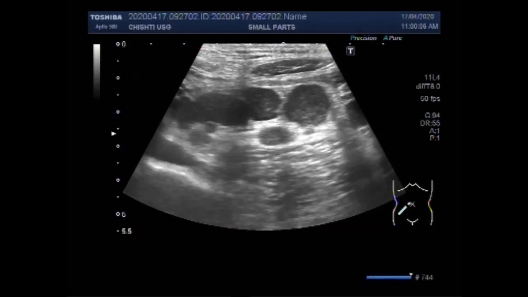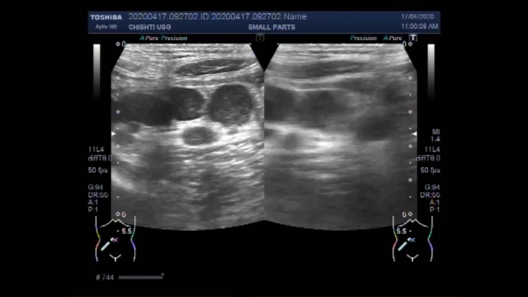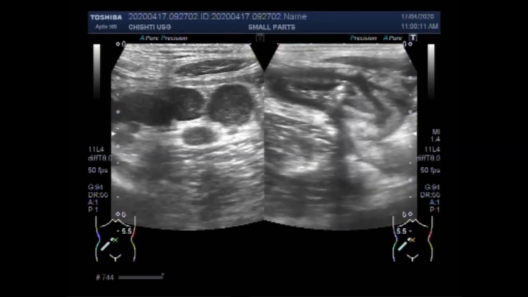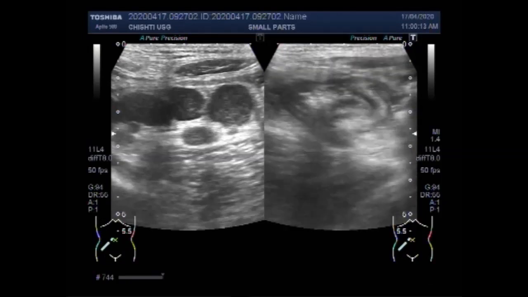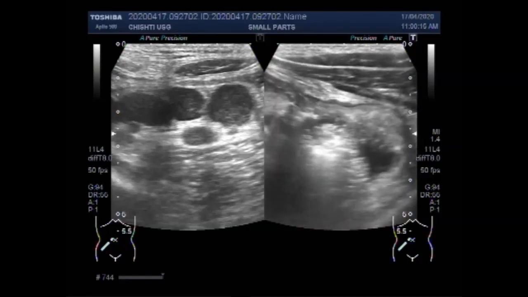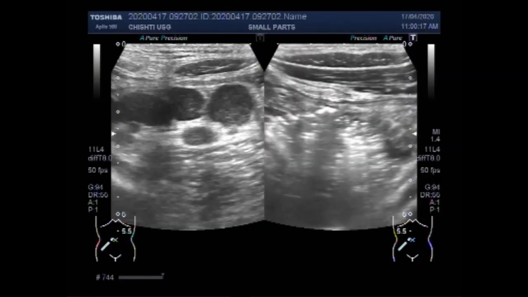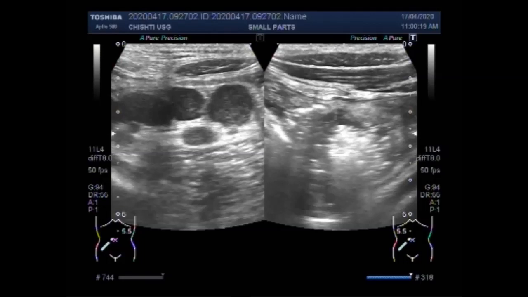Now you can see the enlarged lymph nodes, multiple enlarged lymph nodes in the right iliac fossa. Now you can see the gut loops, dilated gut loops.